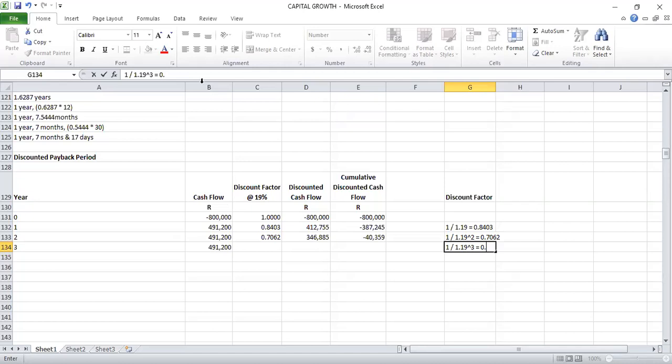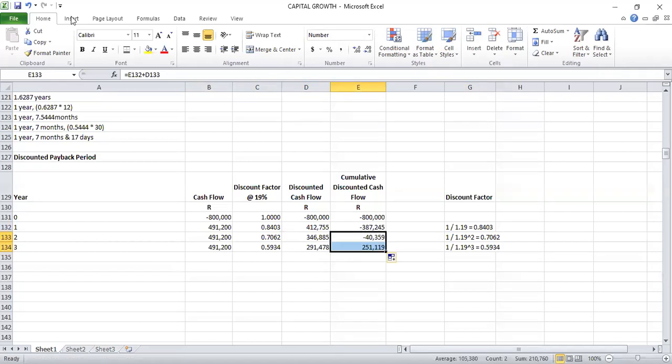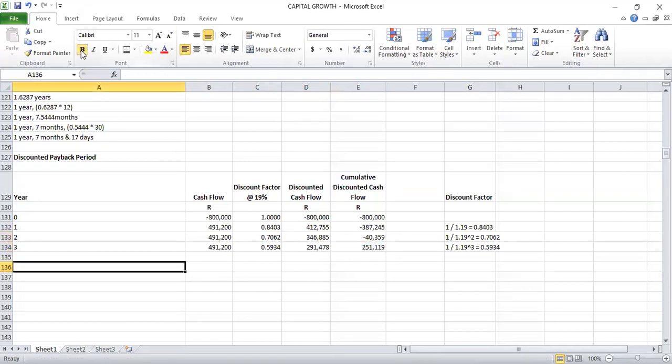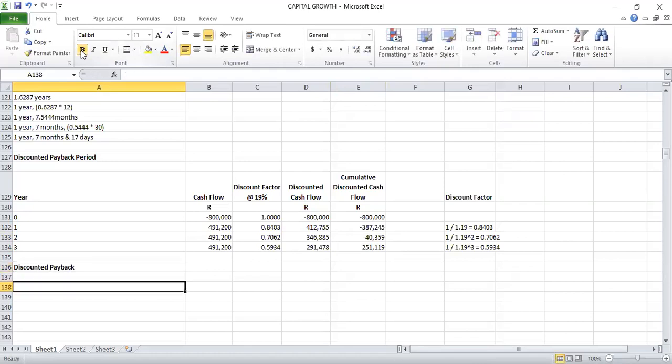That will be 0.5934. Right, it's now positive. So that will be the end of the calculation. So our discounted payback would be 2 years.